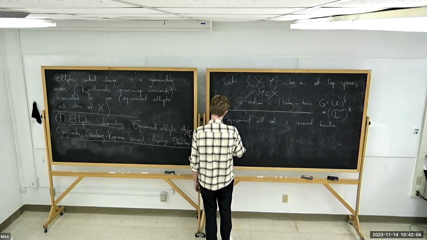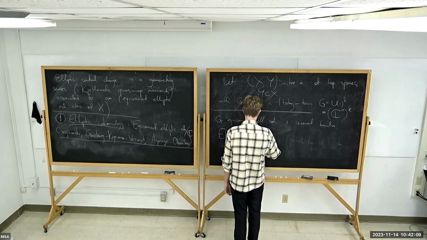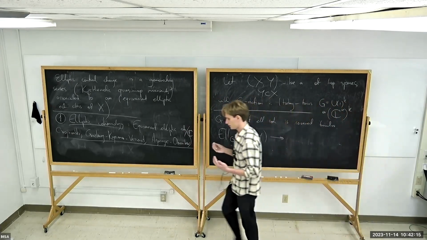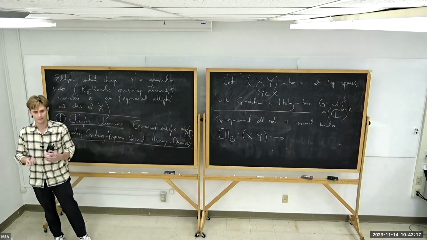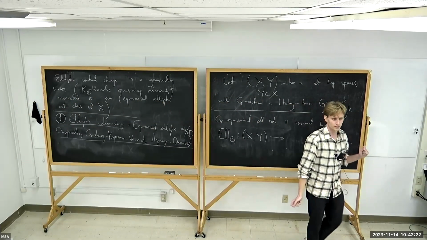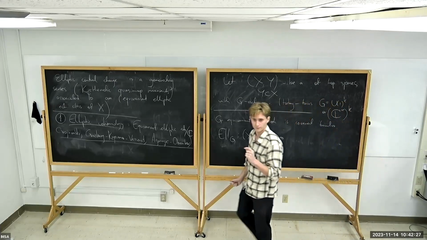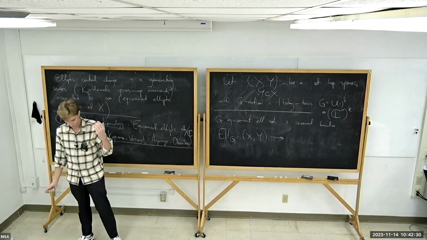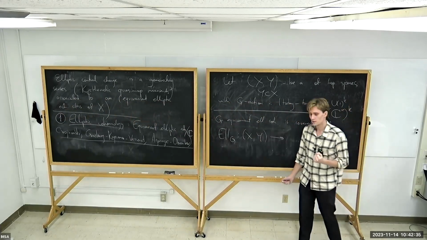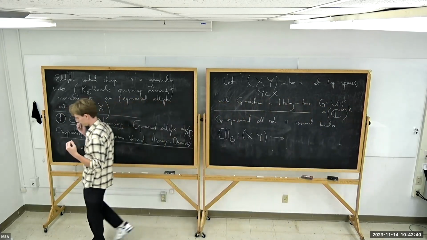I call this L sub G. Usual cohomology theory, or K-theory, can be rephrased as a contravariant functor from pairs of topological spaces to abelian groups, satisfying some axioms.